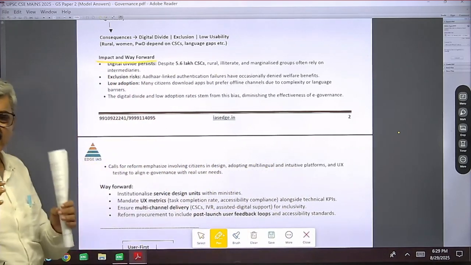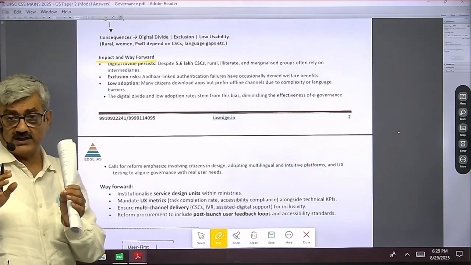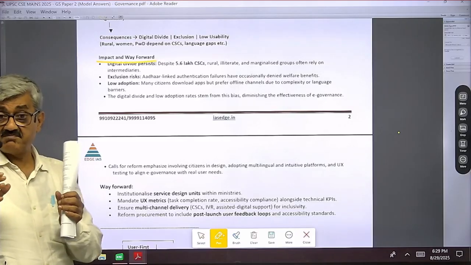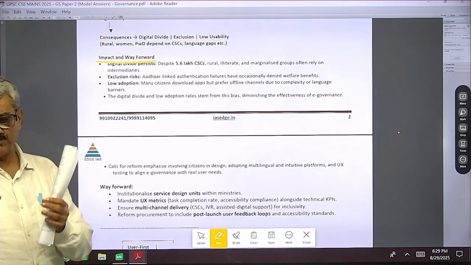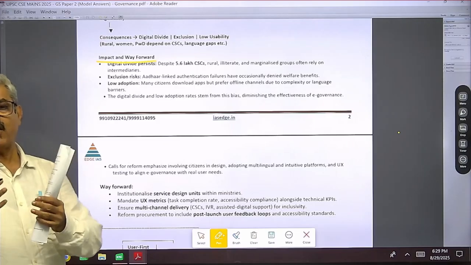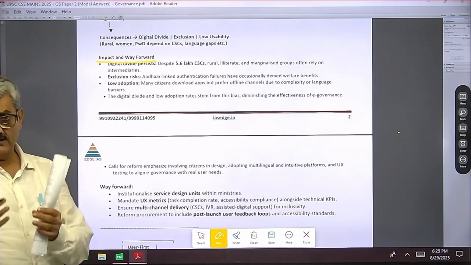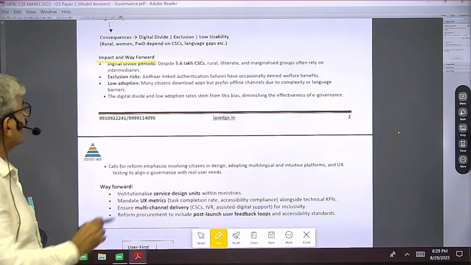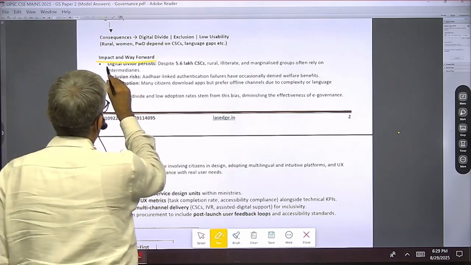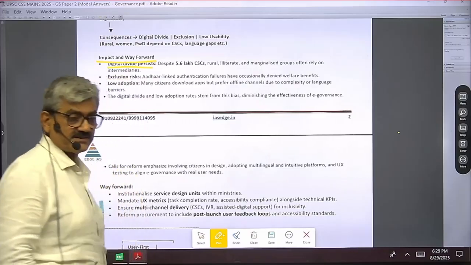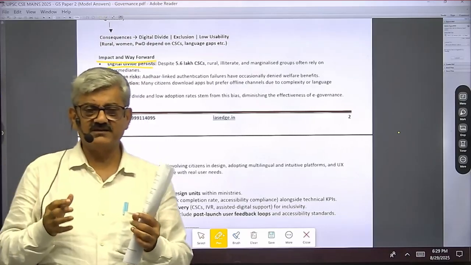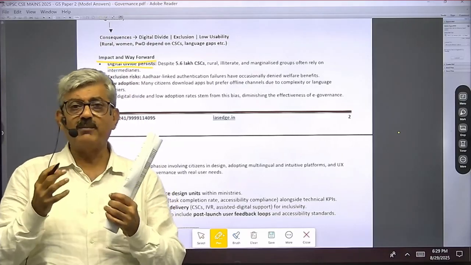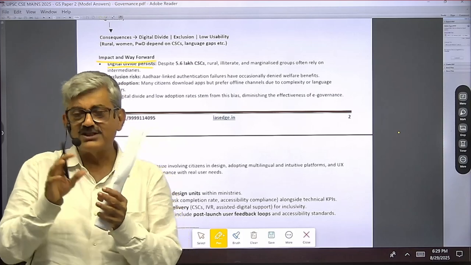What is the impact of this technology-loaded policy? I won't say policy, but the technology-loaded policy and program has an impact on the total policy and program. And what are they? Yes, we have a digital divide that persists because technology remains very dominant, and people are unable to decode it.